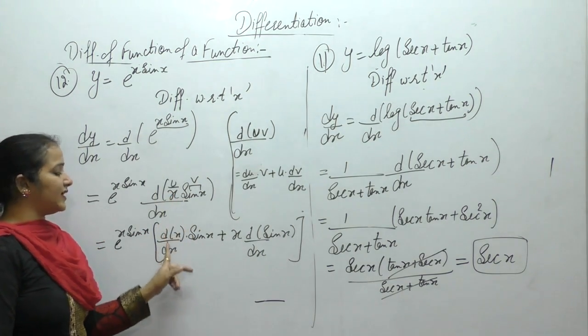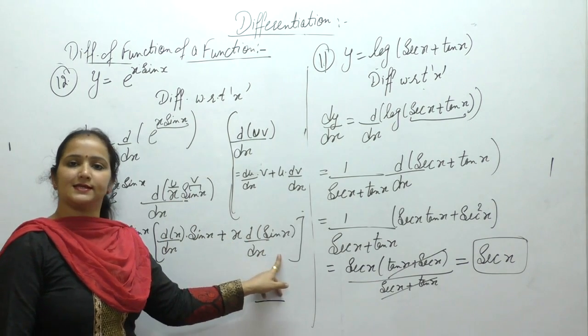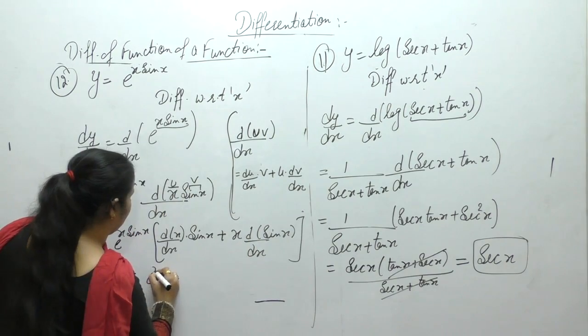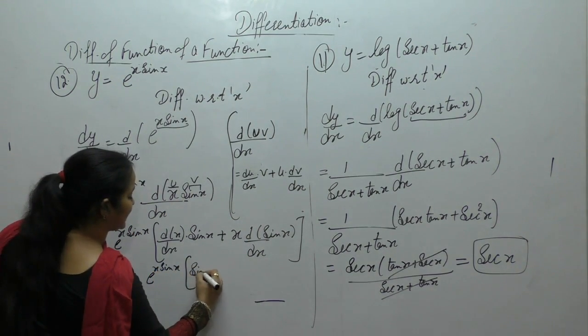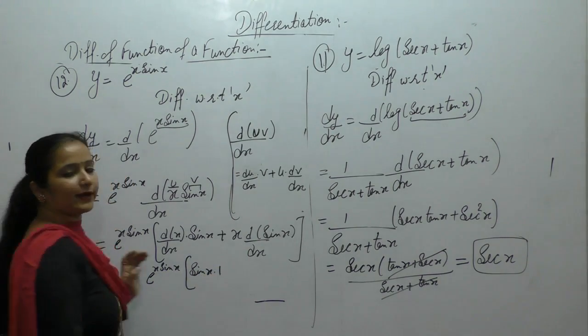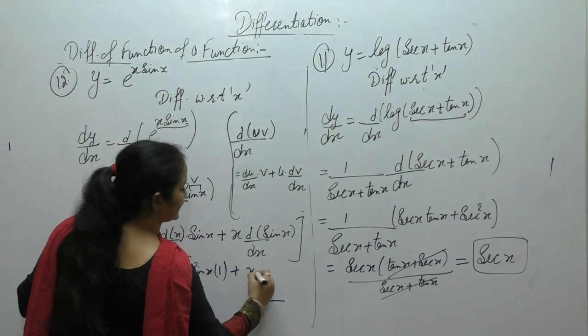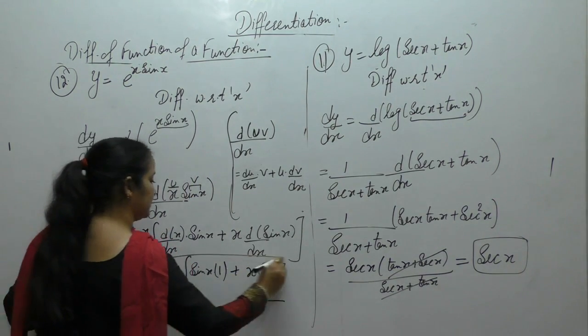What did we do? Derivative of the first term times the second as it is, then first as it is times derivative of the second term. Now in the next step, e power x sin x as it is, derivative of x with respect to x is 1, plus x, derivative of sin x is cos of x.